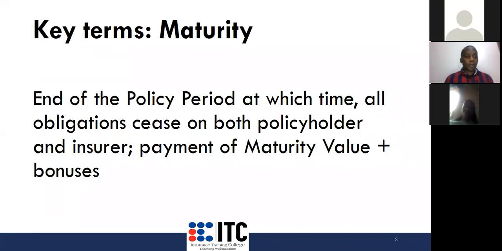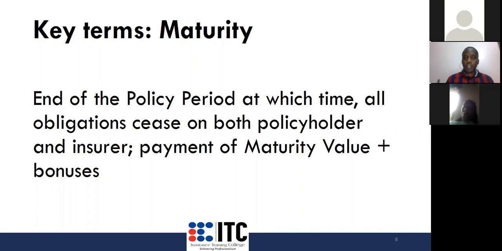Moving on, we have what we call maturity. So we initially said that the policy term can either expire or mature. So when we say it matures, we're saying that at the end of this policy term, at the end of this policy period, there are benefits to be claimed by the policyholder if they are still alive.